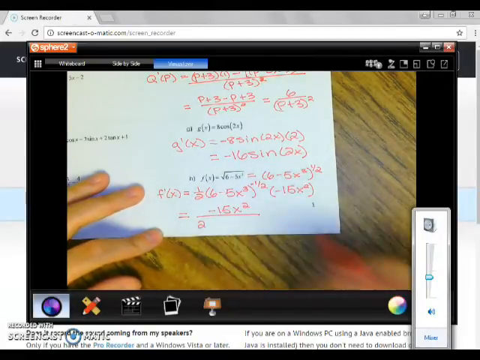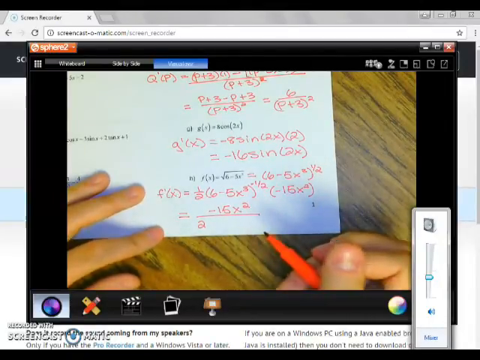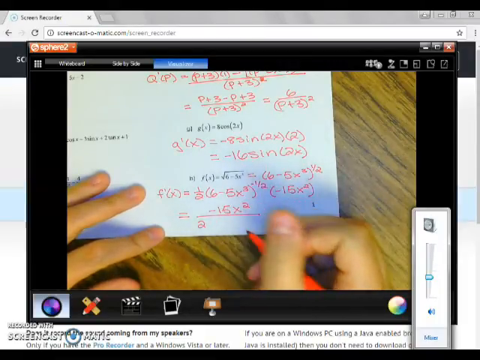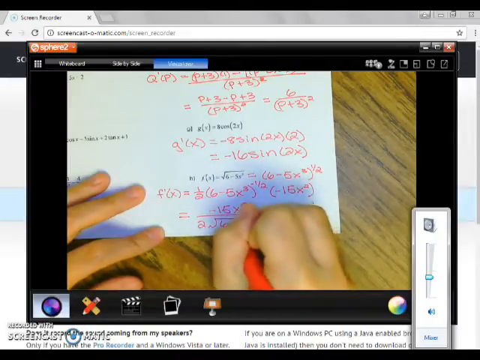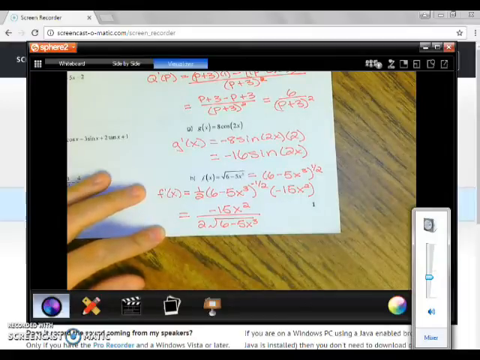It goes to the denominator because of the negative 1/2 power, and I'm taking the square root because it was the power over root. The root part was 2. So it would be that, and then the square root of 6 minus 5x cubed. And that would be your final answer there.